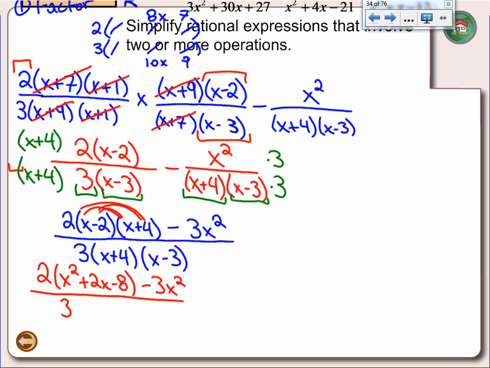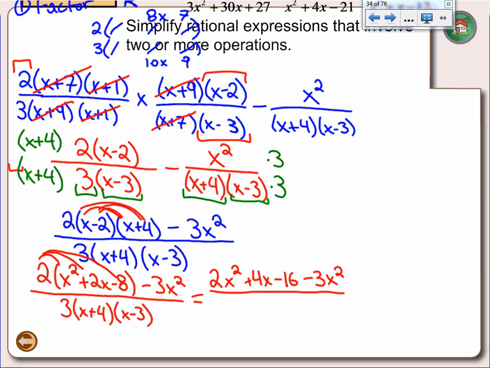I'm then going to multiply the 2 into the brackets. So I'm going to have 2x squared plus 4x minus 16, minus 3x squared, still sitting there, all divided by 3, x plus 4, x minus 3.